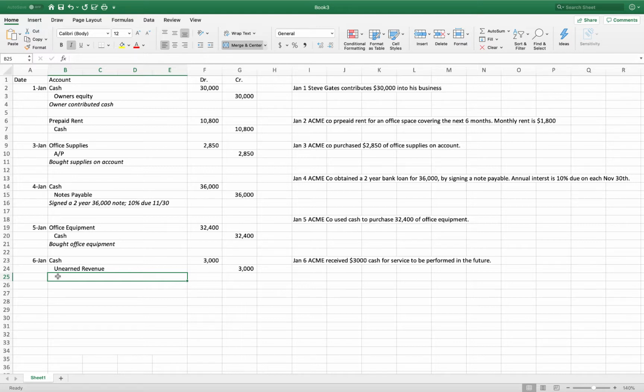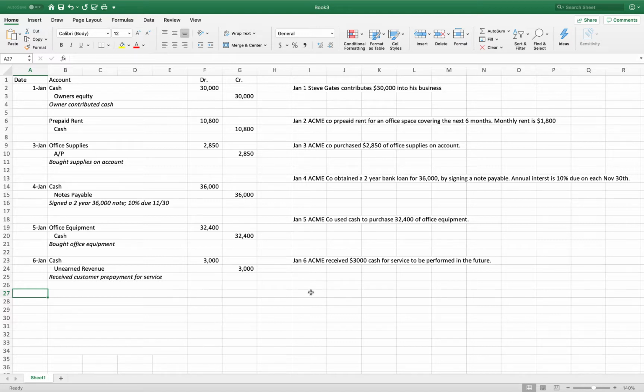So that's what we're going to say: received customer prepayment for service. Okay, so now let's look at another one. Remember, we're always skipping one space in between all our journal entries.